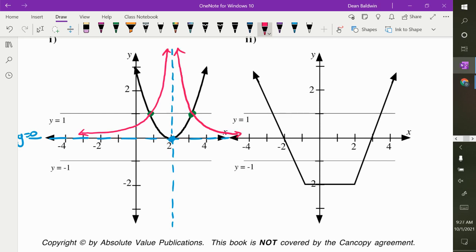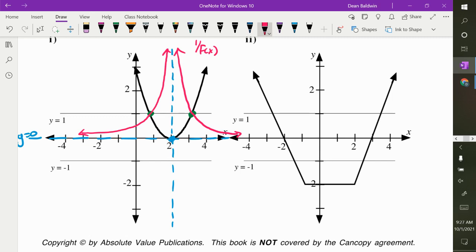So that is the 1 over f of x graph, the red one. So whatever makes the denominator 0 is a vertical asymptote, which is the x-intercept. Okay, next one.